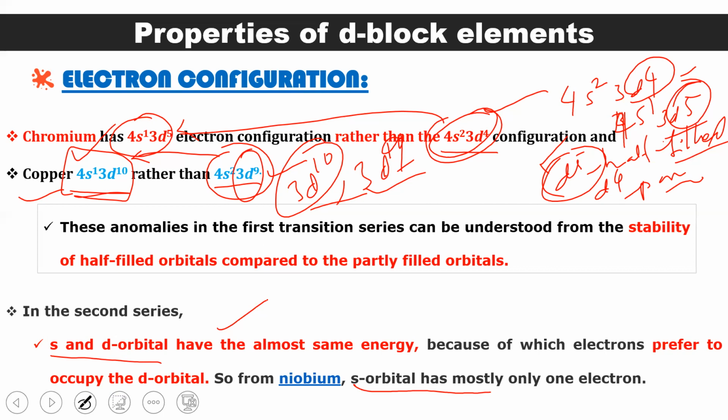Due to this, in the second series, most of the elements contain one electron in the s orbital.